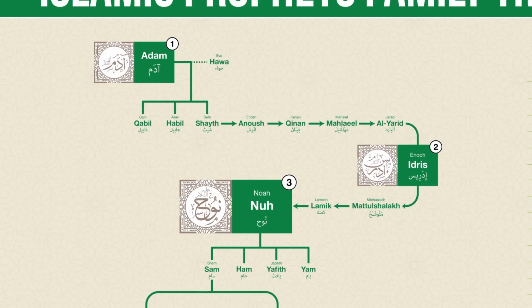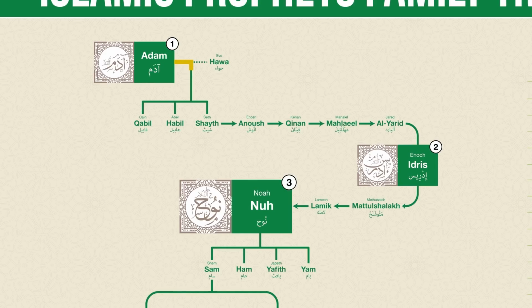Anyhow, Adam arranged for Qabil to marry Habil's twin sister, and Habil to marry Qabil's twin sister. But as the story goes, Qabil got angry because he felt that his own twin sister was more attractive, and therefore he wanted to marry her instead. This, along with other reasons, eventually led to Qabil killing his younger brother Habil.